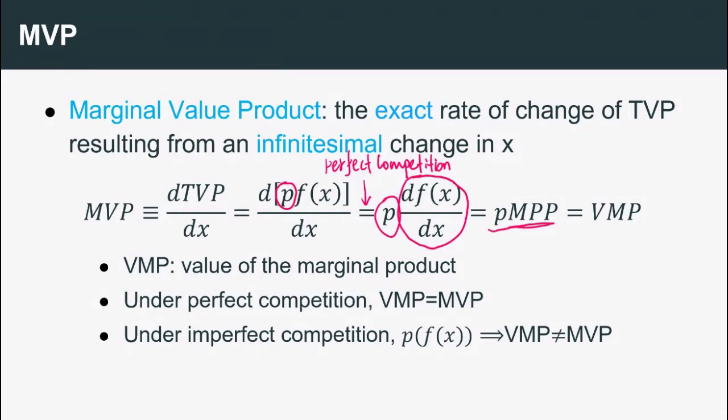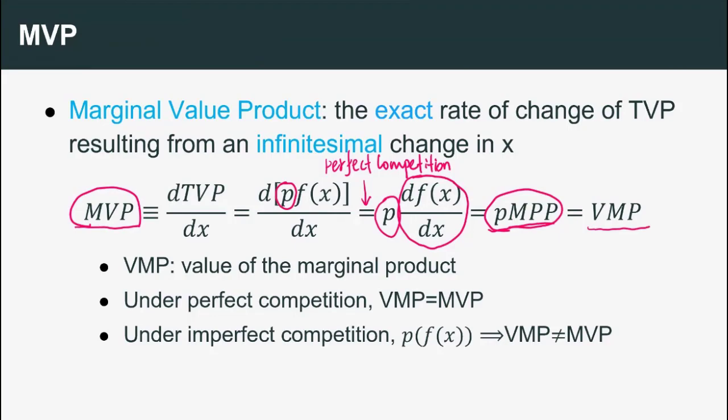So this P times MPP has a name, which is VMP. You need to pay attention here. V is in front of M. So here, MVP is marginal value product.